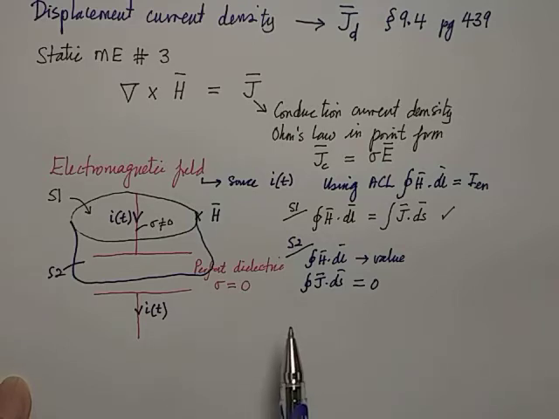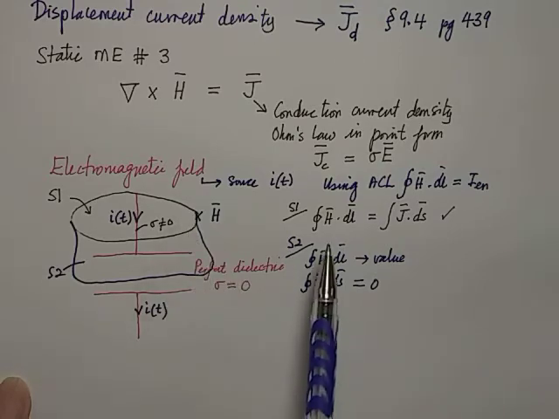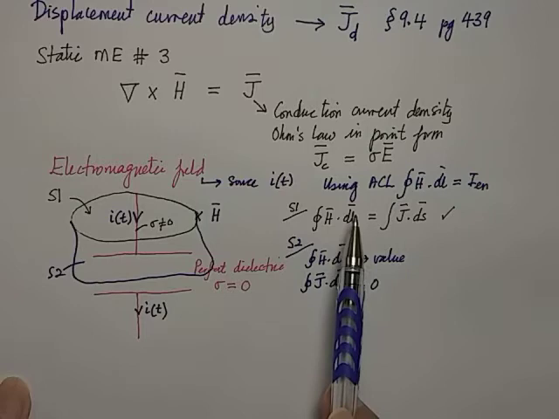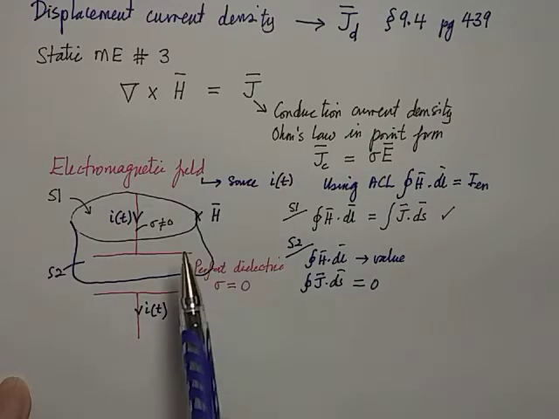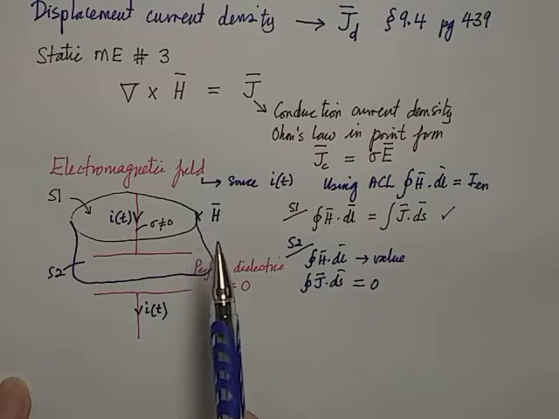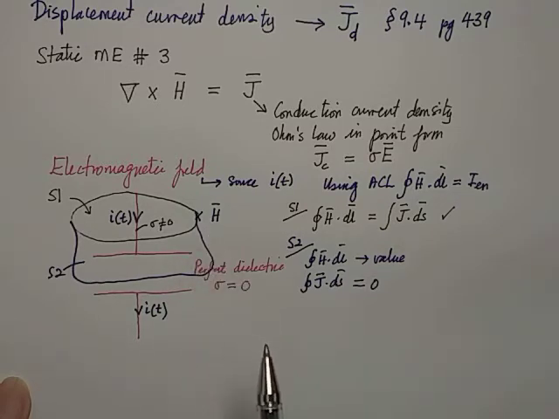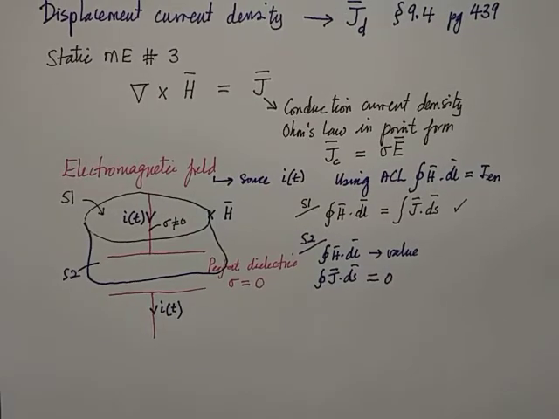He found that the previous equation of ACL, Ampere's circuit law, cannot be extended into the world of electromagnetic field, and now he is proposing how this lacking can be improved. So that's what we're going to discuss now: how to improve this in order to make it applicable in the world of electromagnetic field.